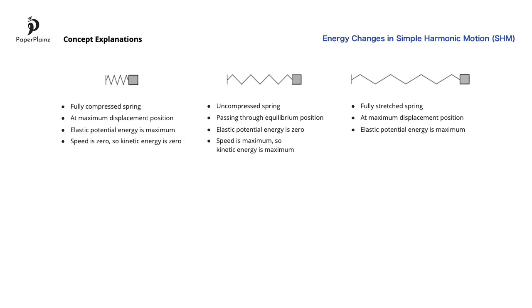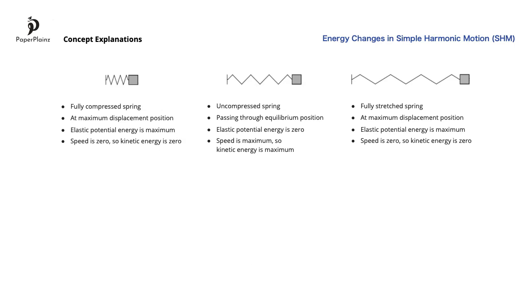The object stops for a moment, so kinetic energy here is zero. So when an object oscillates on a spring, assuming that there is no friction, elastic potential energy is converted into kinetic energy, and then kinetic energy is converted back into elastic potential energy. These conversions repeatedly happen while the object oscillates.